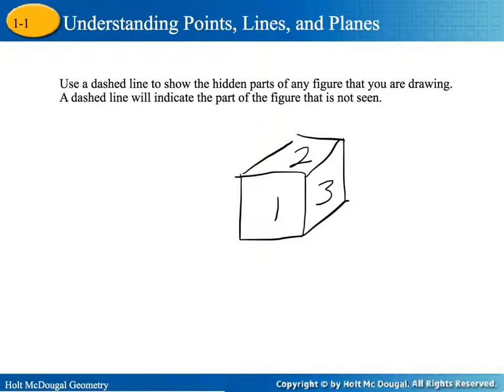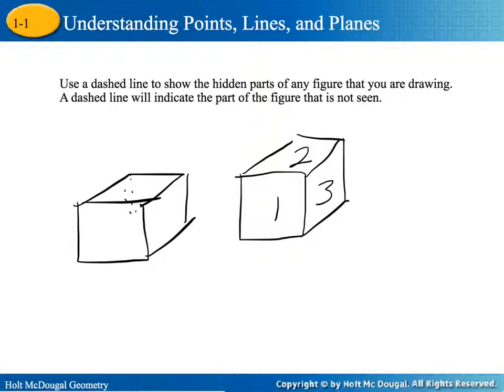But if I'm being true to what a dice is, I need to show, for geometry's sake, those other three sides that we can't see. So we're going to use this dotted line to show that. You can see a little better by adding those dotted lines.